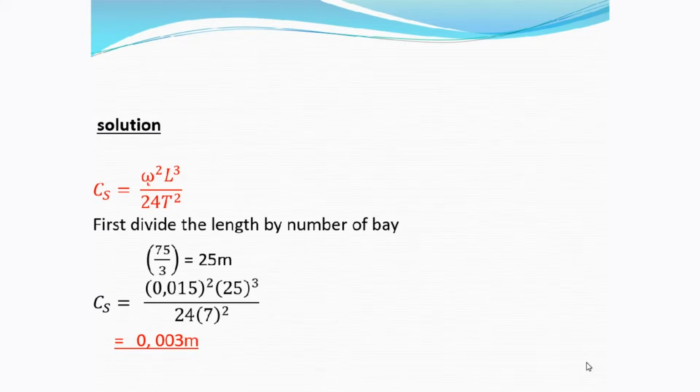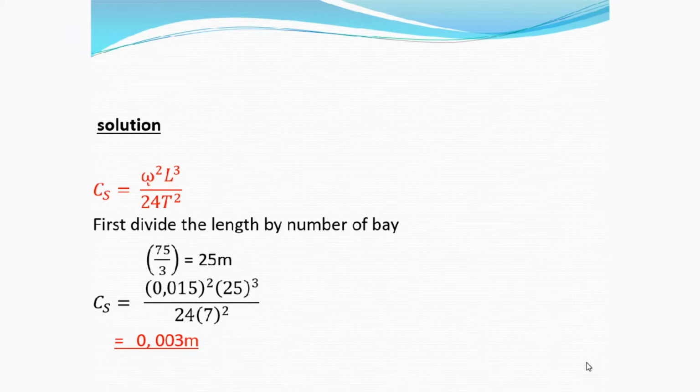Let us look here at our solution. The formula for the correction of sag is equal to this symbol, which looks like W, but actually it's not a W, squared times the length cubed divided by 24 T. T stands for the tension, which you need to square.